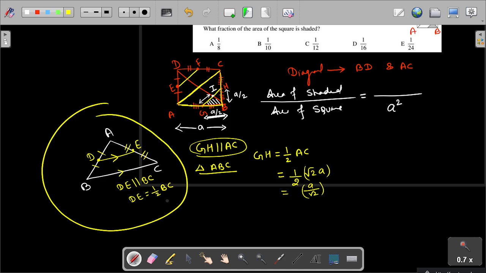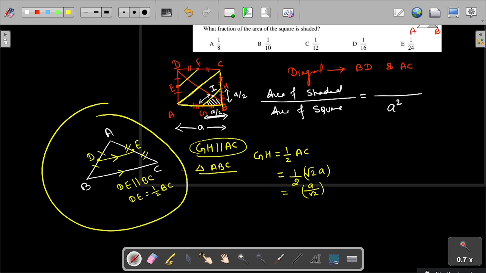This is the theorem. If you have a triangle such that D is the midpoint of side AB, E is the midpoint of AC, if you join D and E, DE will be parallel to the third side, that is BC, and it will be equal to half of BC. This is the standard theorem for any kind of triangle.